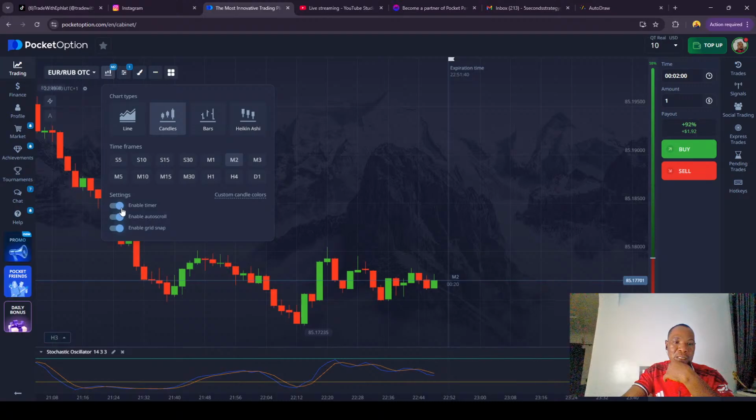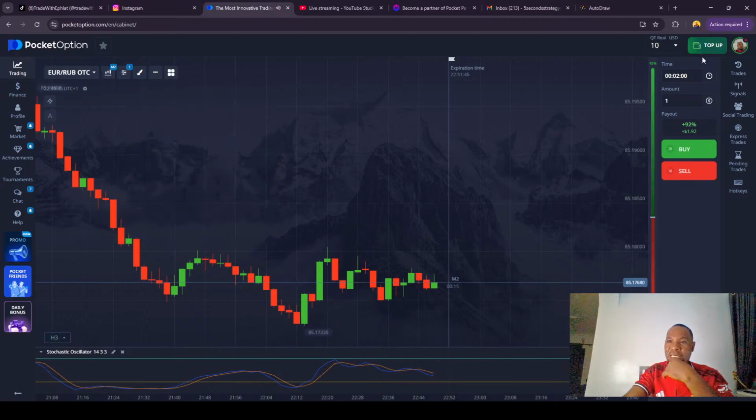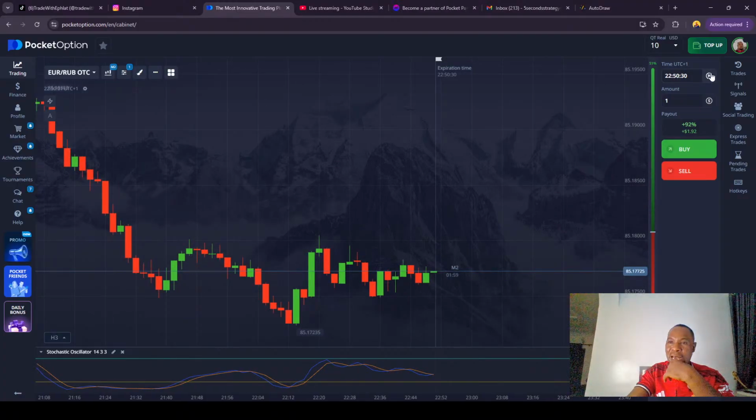Then one other setting I'm going to do is to switch from time mode to flag mode. To switch to flag mode, come to the timer here, and click on this flag. You will see a clock logo there. Then click on it. It will change to a flag.